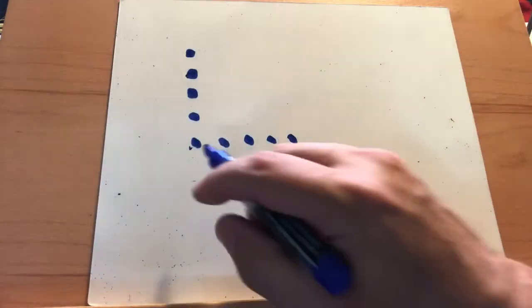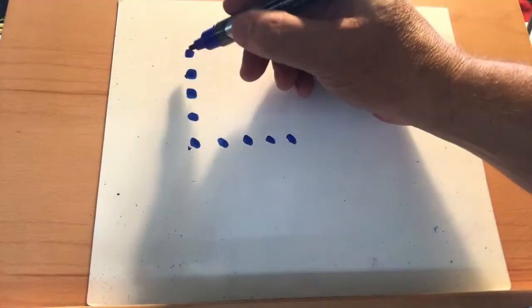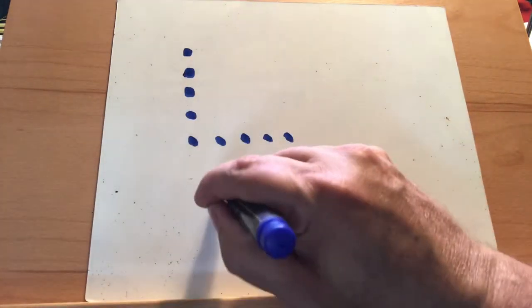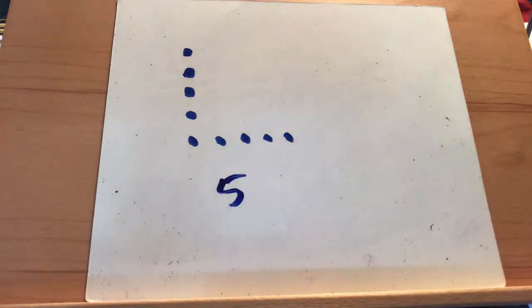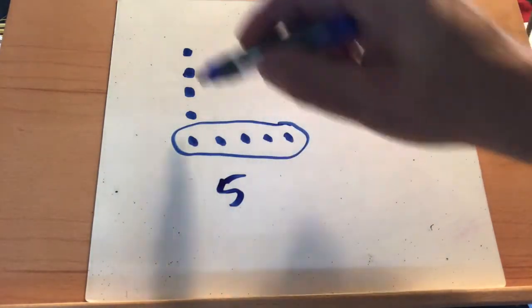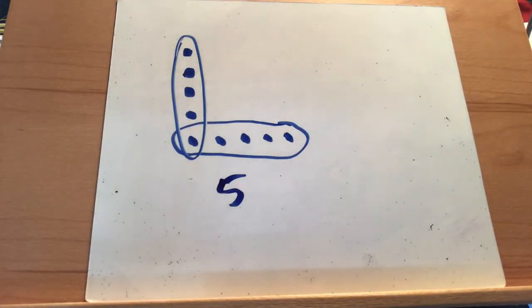Well, let's see. How many dots do we have here? 1, 2, 3, 4, 5. Oh, well, this is figure 5. Where can we find the number 5 in this picture? Well, we can find the number 5 right here. And we can find the number 5 right here. Well, there you go.